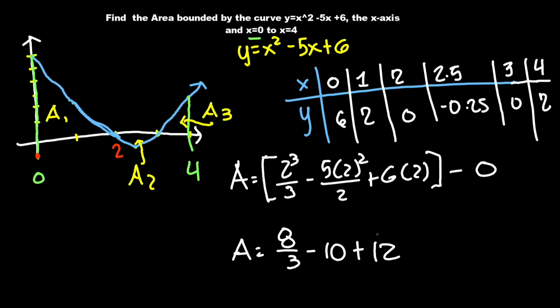And so, 8 divided by 3 minus 10 plus 12. This would all equal 14 over 3. Wait, let me just check. 8 minus 3 times 10 would be 30, plus 12 times 3 would be 36.